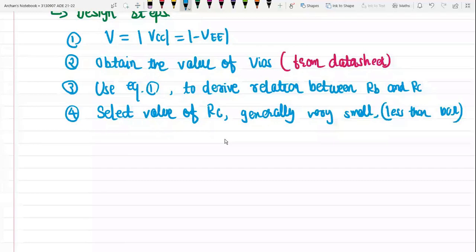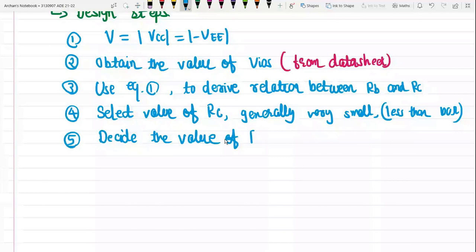Then we will decide the value of RB. Once we have decided the value of RB, now finally R max.